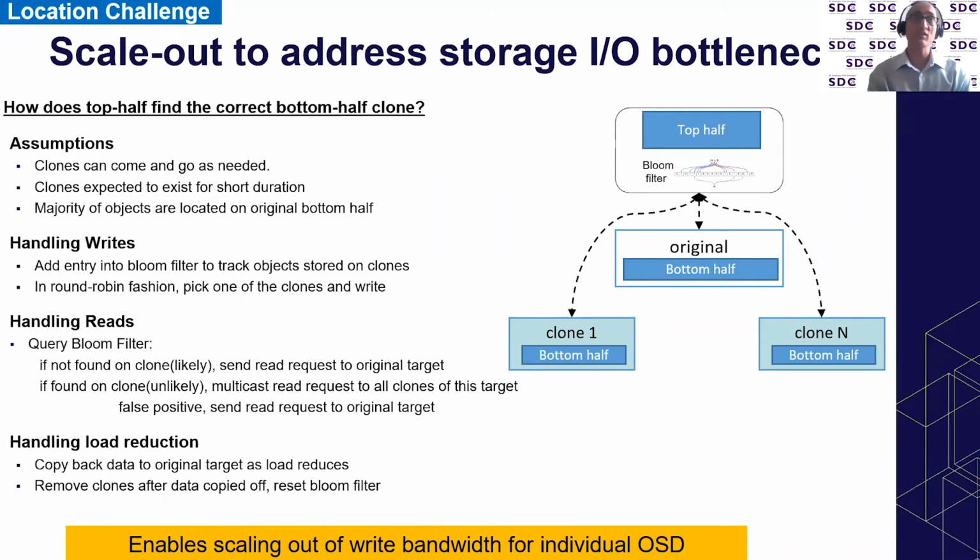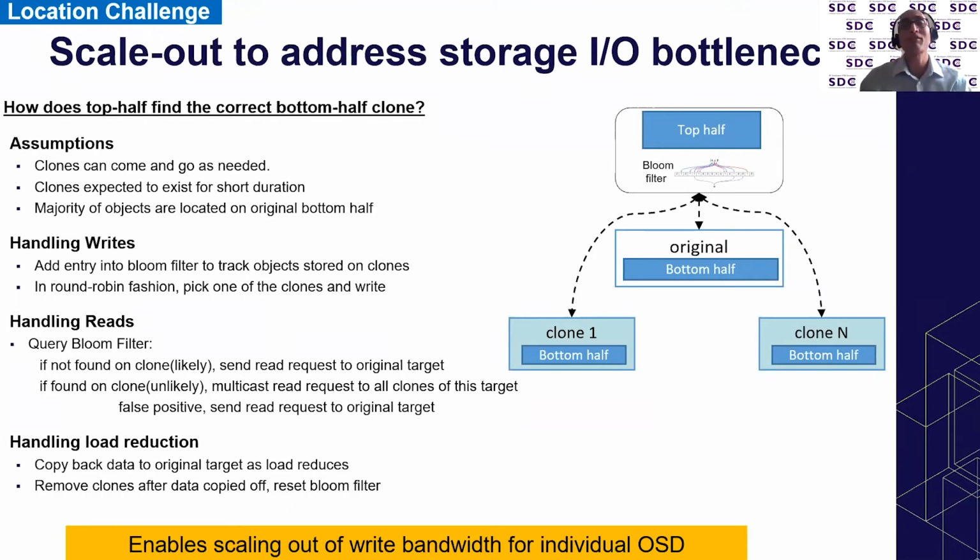So a few assumptions before I get into how we locate the right place to write. We assume that clones can come and go as needed, that they exist for short durations. Given this, a majority of the objects we expect will be located on the original bottom half, right?